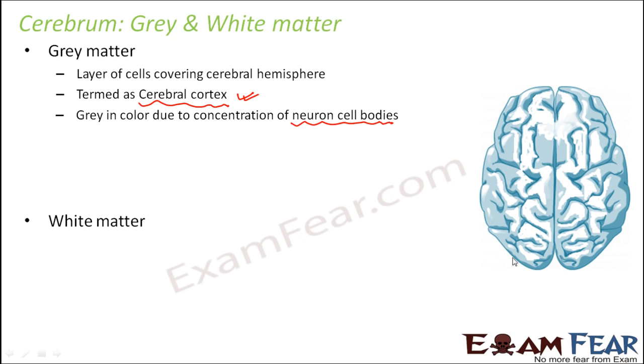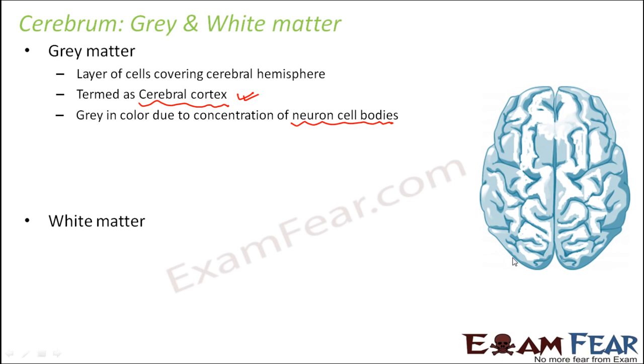Now, this area performs several complex functions, for example memory, thinking, intelligence. All these things happen from this area. This area is neither sensory in function nor motor in function. Sensory means it will only interpret things which the sensory organs see, hear or smell, that is, the information received from the sensory organs.